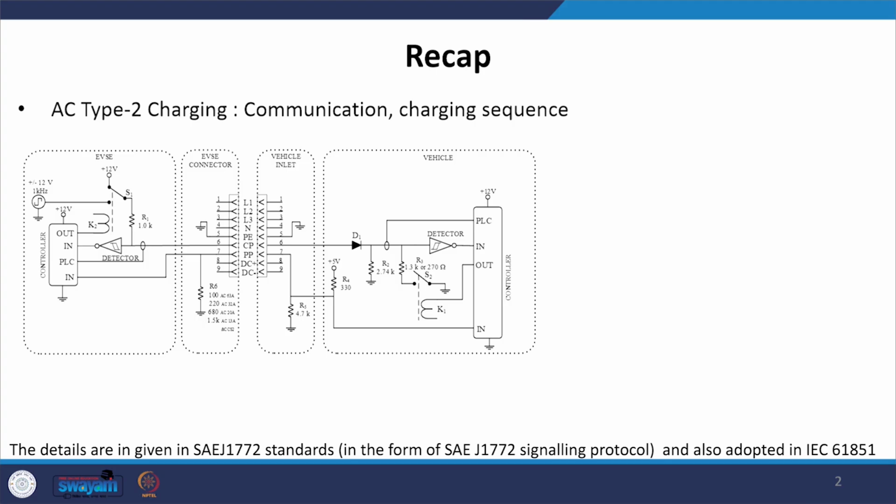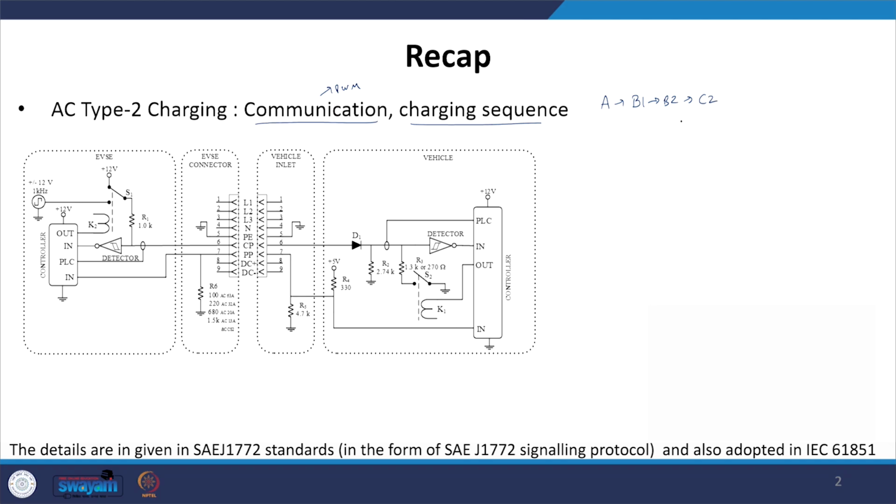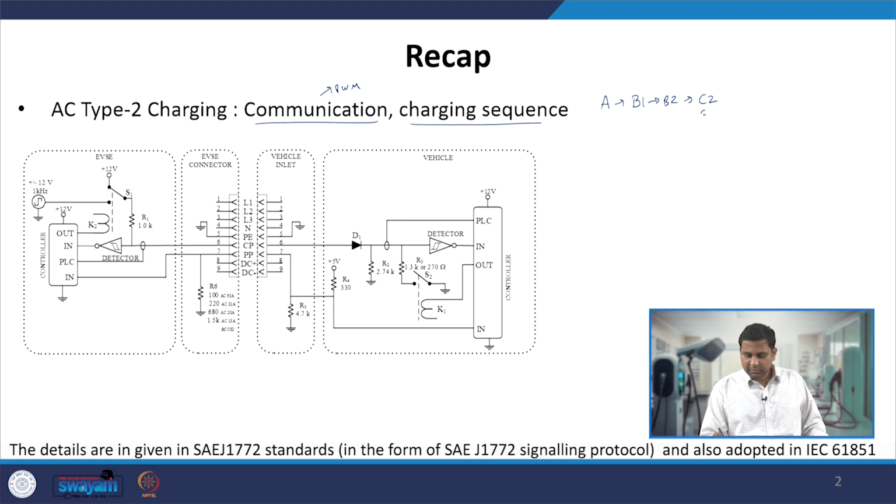If we do the recap, we did the AC type 2 charging, and we understood what communication is taking place. It is happening through PWM of 1 kilohertz frequency, and we have also seen the different charging sequence, which goes from A to B1 to B2, then goes to C2. If the PWM is deactivated, then it will be in C1.